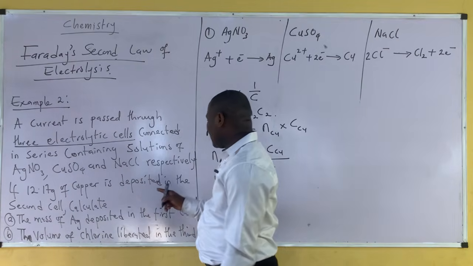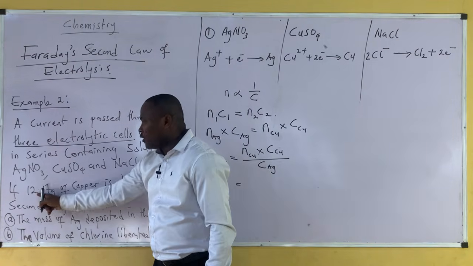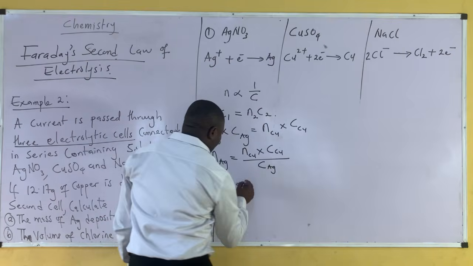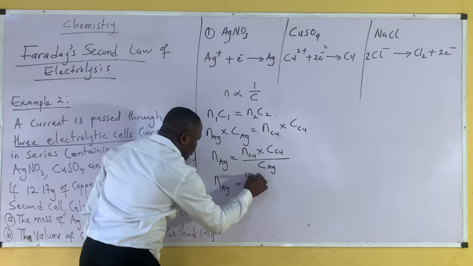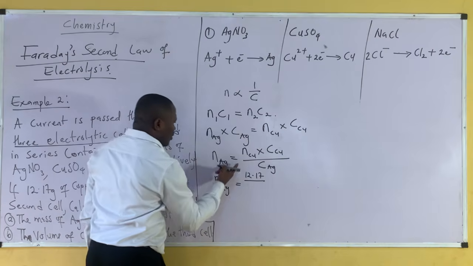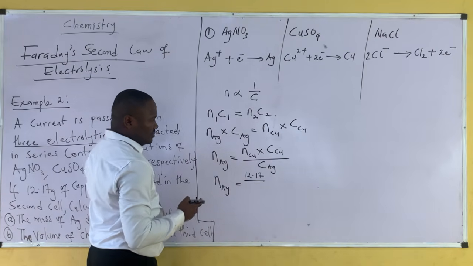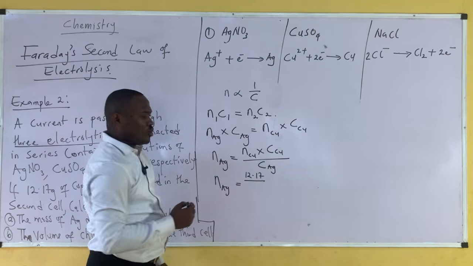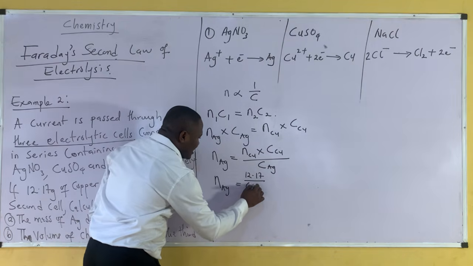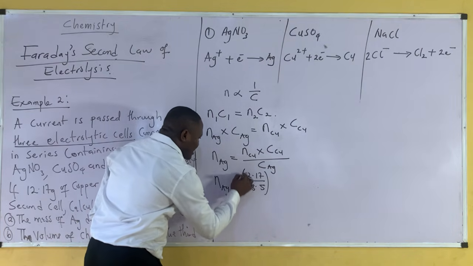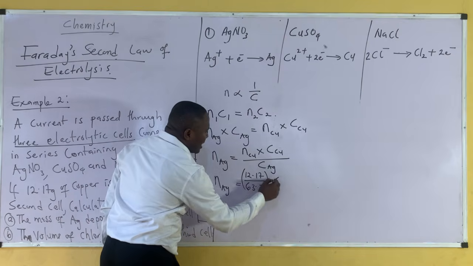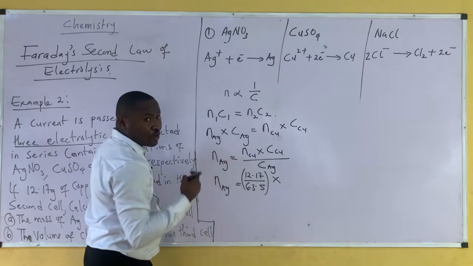Yes, the mass is given as 12.17. So it will be 12.17 over, what is the molar mass of copper? 63.5. This is everything here times, what about the charge of copper?